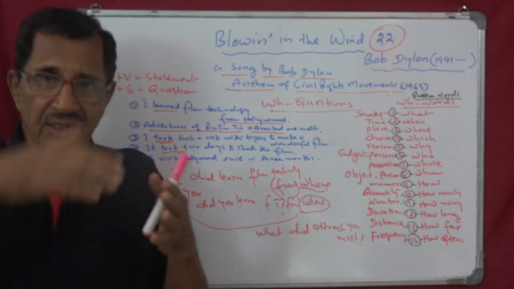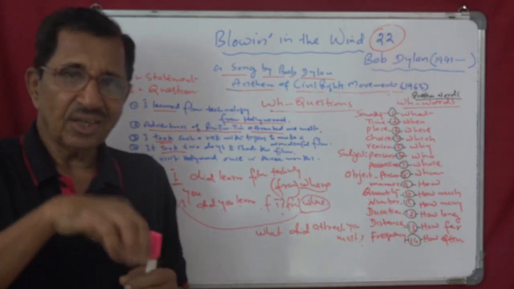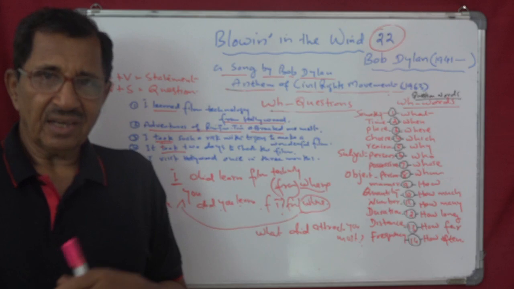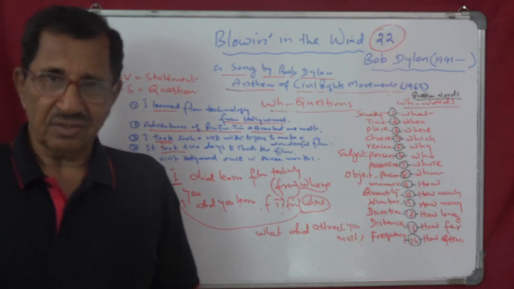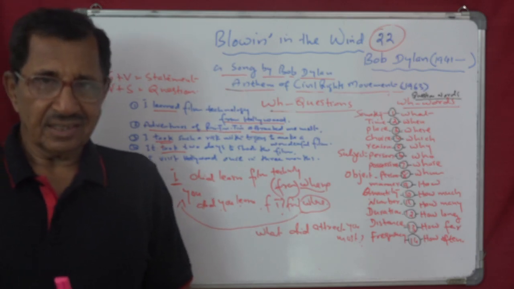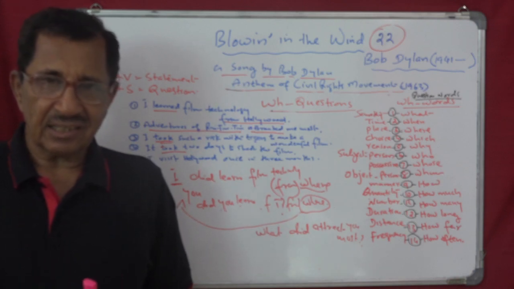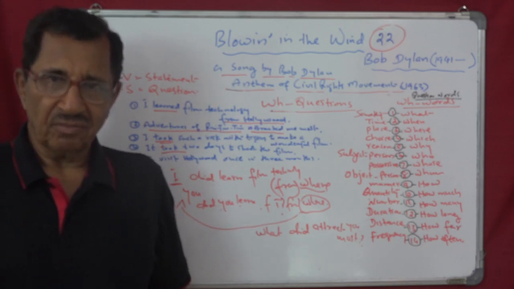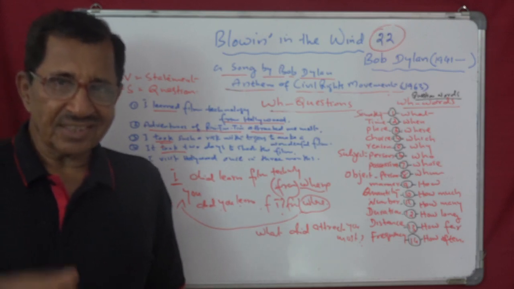Otherwise, you have to supply an auxiliary, and that is do, does, did. And afterwards, you proceed exactly like the yes or no question. I think it is now clear to you, and the rest of the sentences in the text we will do tomorrow. It will be a revision also, and for the time being we will say bye.